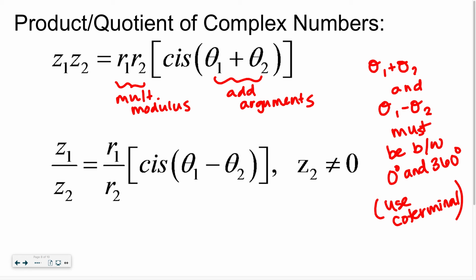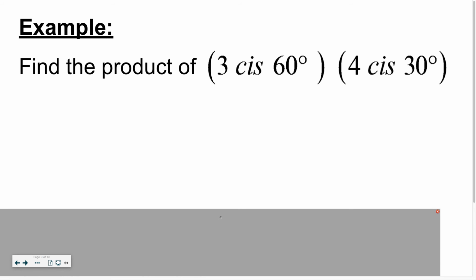So here's an example similar to what you might see on your homework. Find the product of 3 cis 60, 4 cis 30. Now in your book, they might write it out with the cis form, or they might write it out in the extended form. You can go in and out of either form that you prefer. You'd still be able to recognize the modulus and the argument.